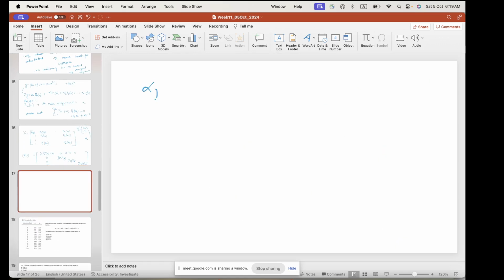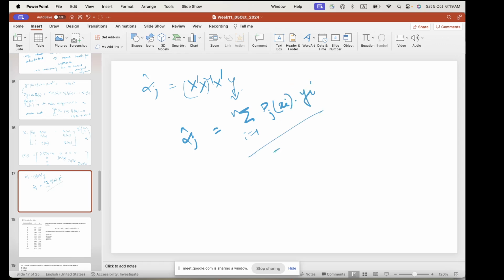So alpha j hat will actually be equal to x prime x inverse x prime y. Okay, so if we simplify this, then each alpha j hat will be actually equal to summation I equal to 1 to n pj xi into yi divided by summation pj square xi, I equal to 1 to n.